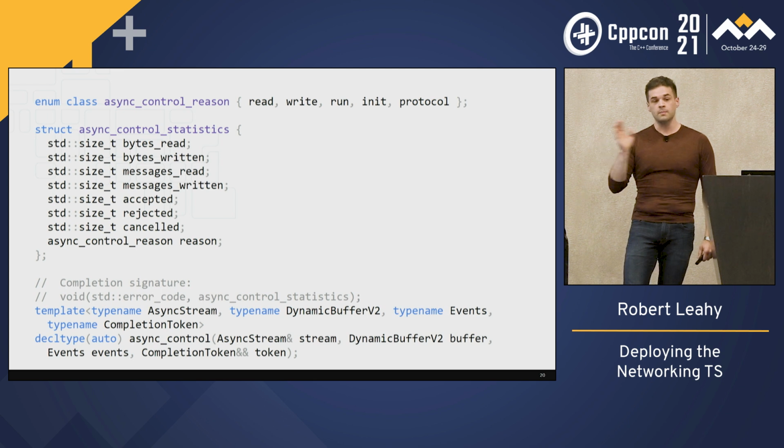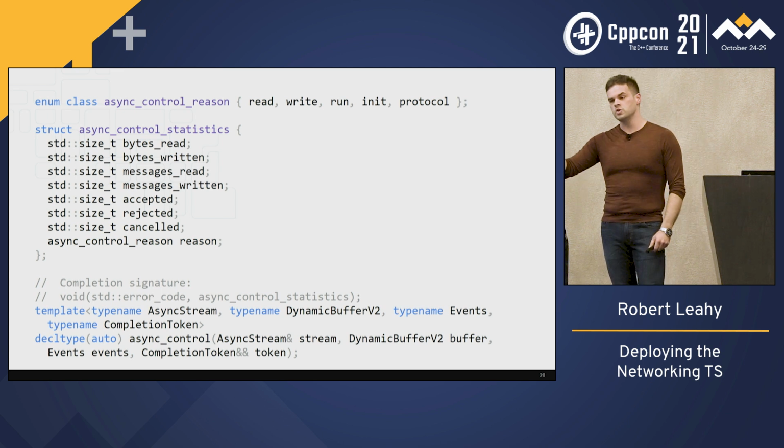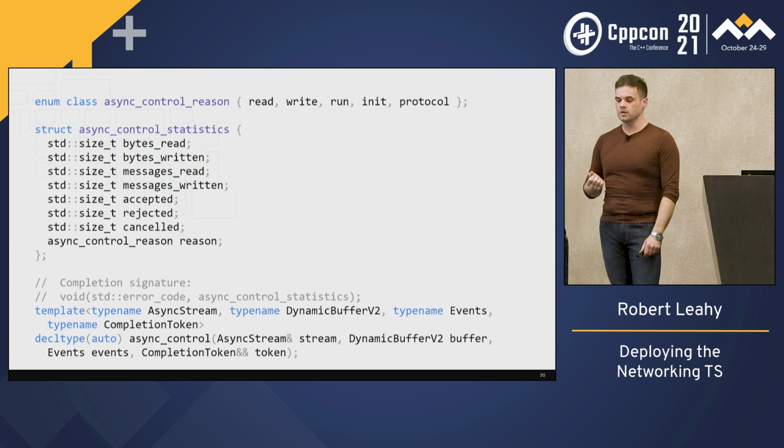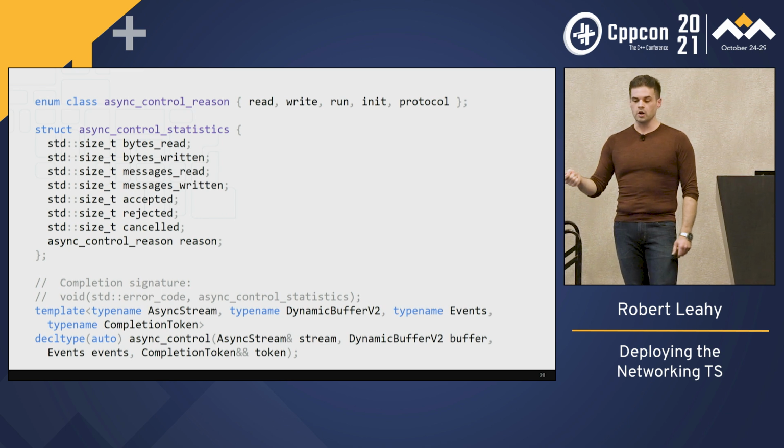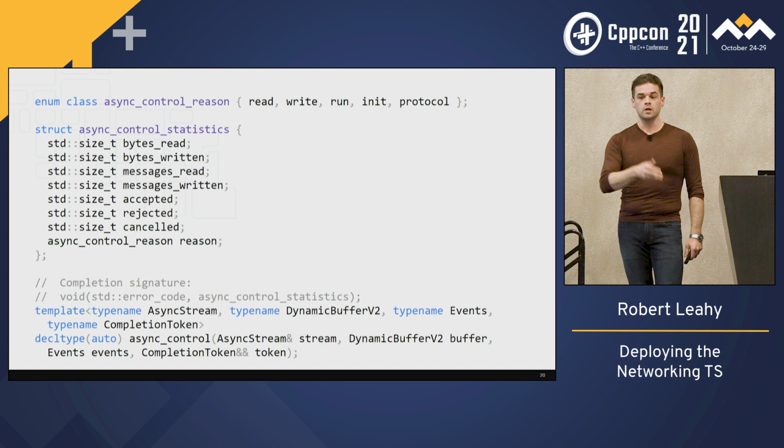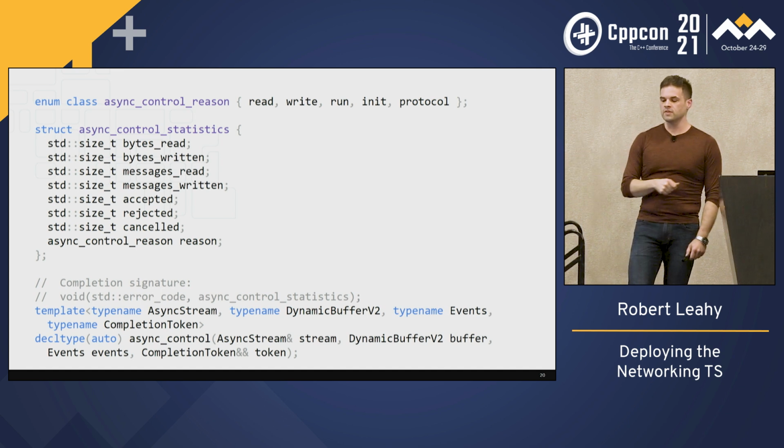It takes in a stream, not a read or write stream, because it's going to both read and write messages, a dynamic buffer to manage its reads, an event structure, which we'll explore in a moment, and a completion token through which it reports its completion. An error code, always failure, because just like heartbeats, this deals with the problem across the entire lifetime of a connection, and a statistic structure, which is a summary of what it did and why it failed.